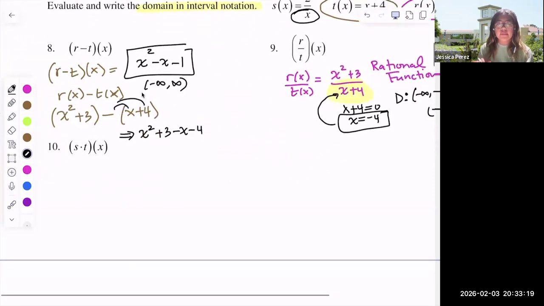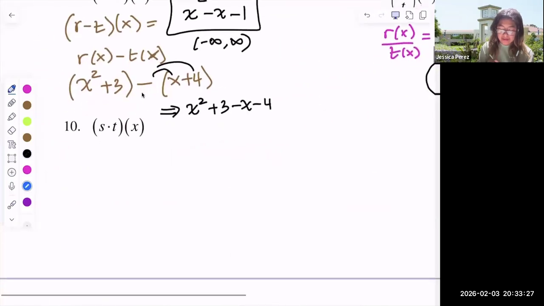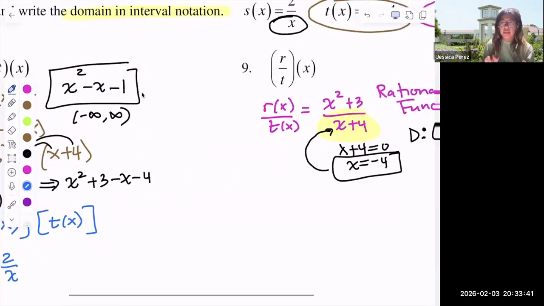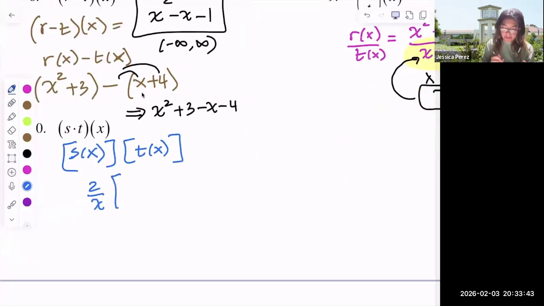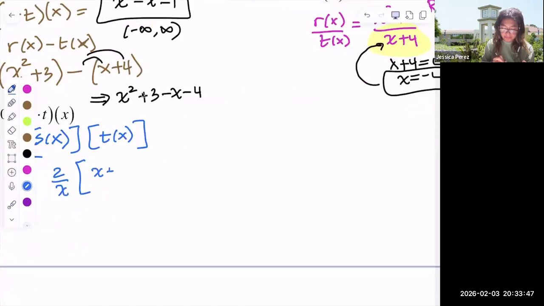And then last but not least, we have number 10. That means that we're going to multiply s of x times t of x. Remember that s of x was 2 over x, right? That's over here. And then we're going to multiply that by t of x, which is x plus 4.